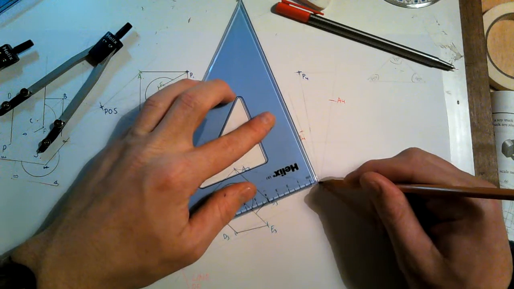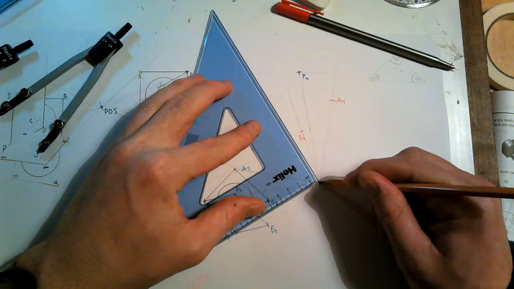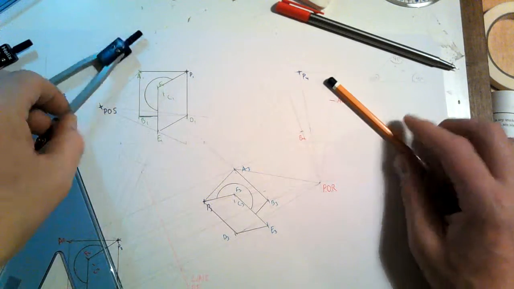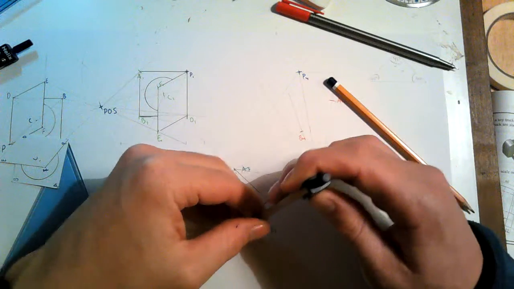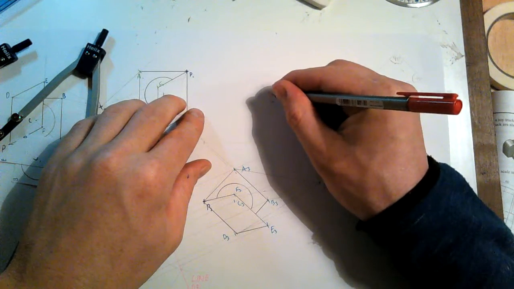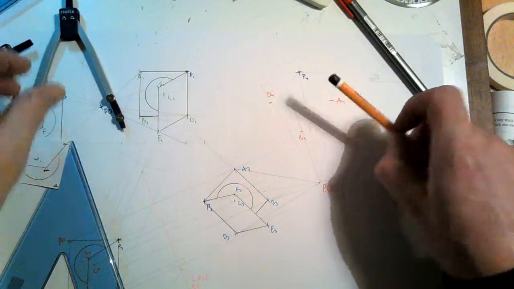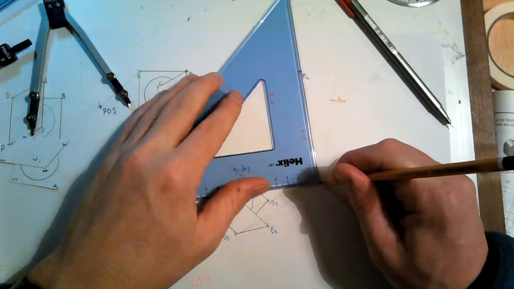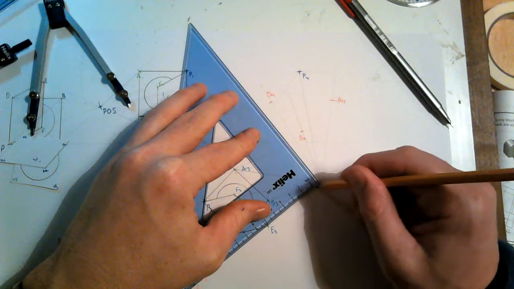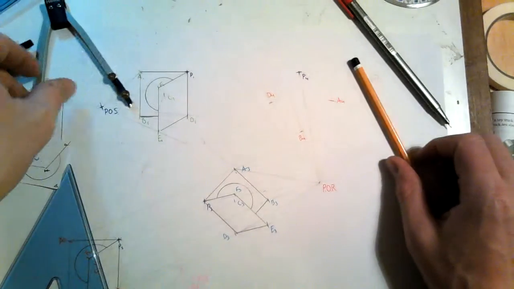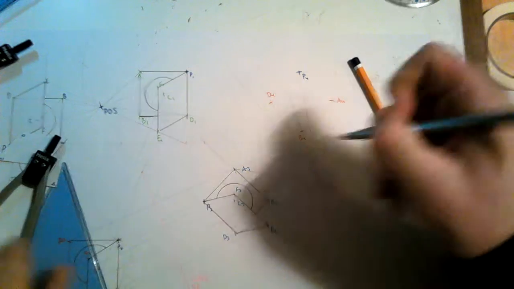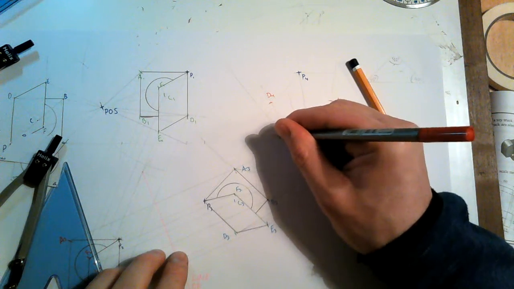D. D3 is now D4. Again, 3 left. So we'll bring E. E4.